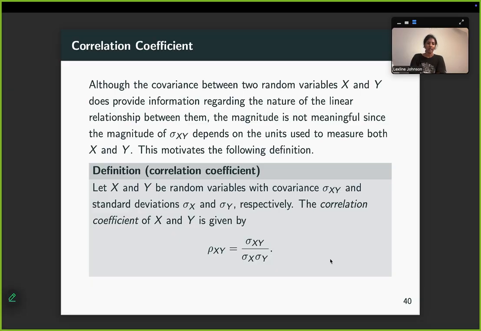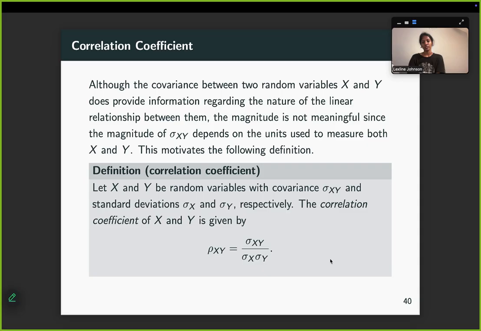Say you have X measured in centimeters and Y measured in meters; your magnitude isn't really going to tell you much since they're different measurements. That's why we have the correlation coefficient. Our correlation coefficient solves that problem, and it's given by the formula below.